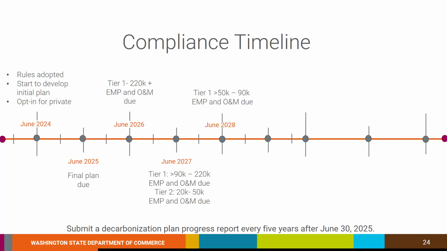Again, we know that things are going to change as time goes on, as you implement your decarbonization plan, so that energy management plan will evolve. We want you to focus on the things that are truly going to save energy and improve your operations and maintenance protocols for the entirety of the decarbonization plan. Prioritize those.